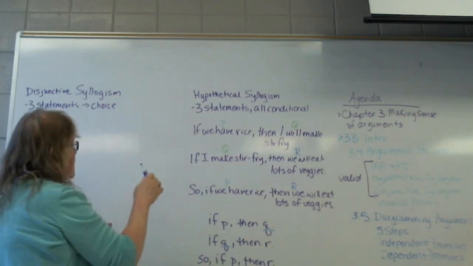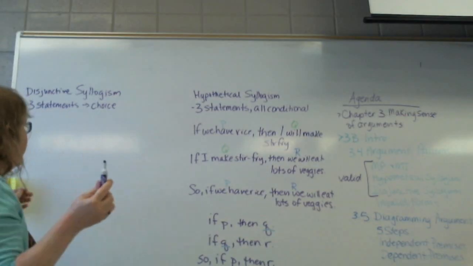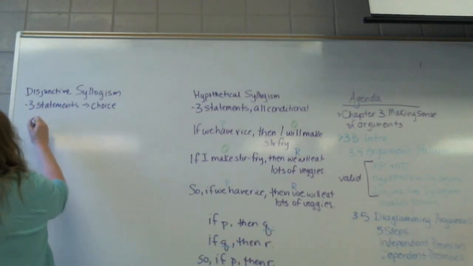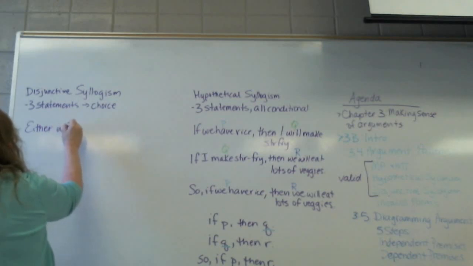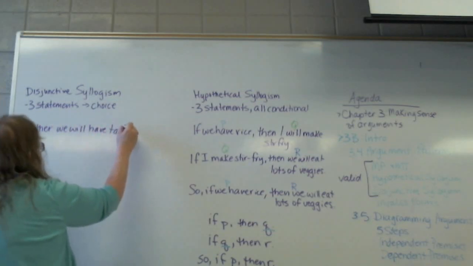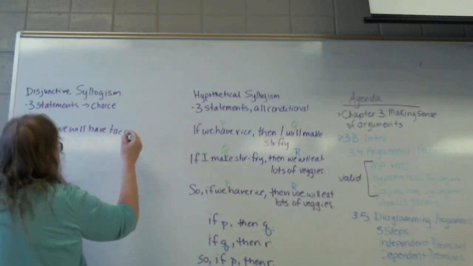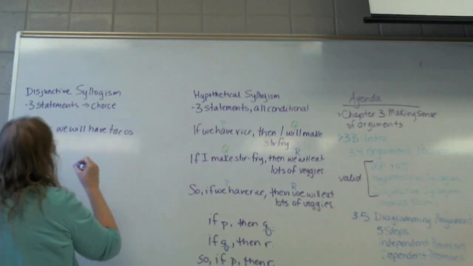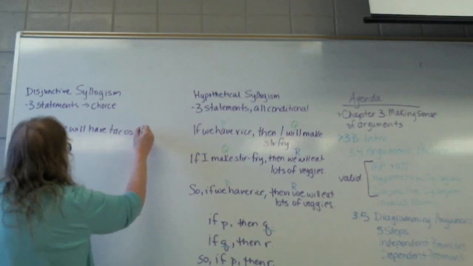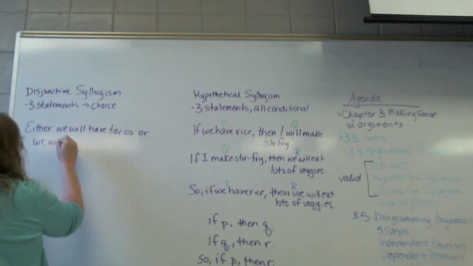So it has no conditional statements, none. Very weird, I know. So either we will have tacos. I didn't do that right. Anyway, either we will have tacos or we will have burgers.